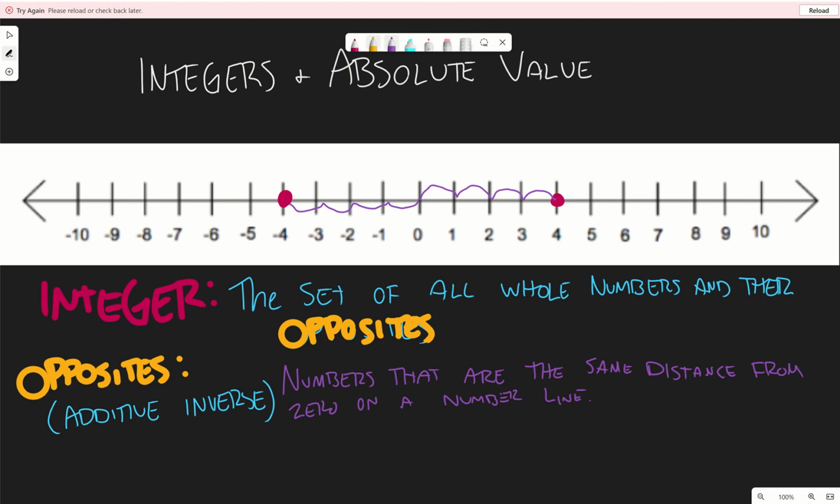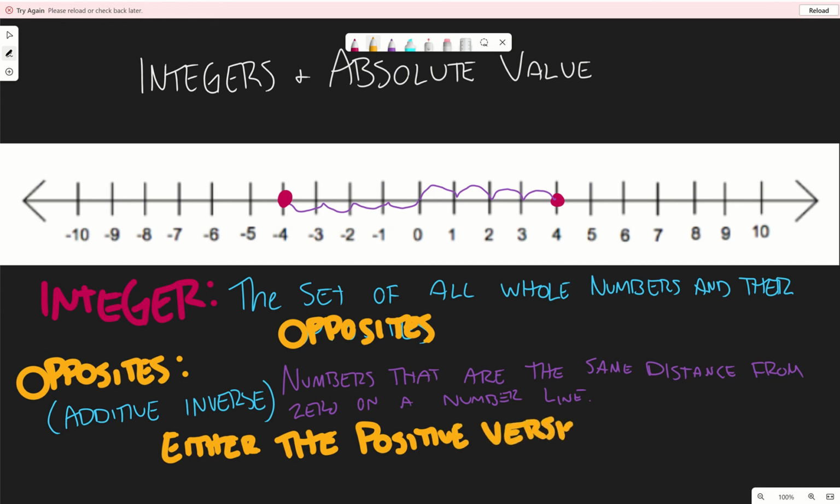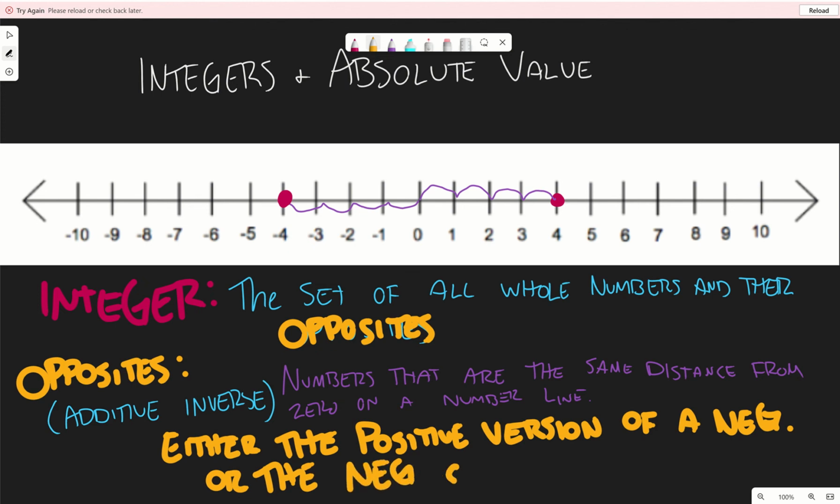Another way to think about opposites is they are either the positive version of a negative or the negative version of a positive.